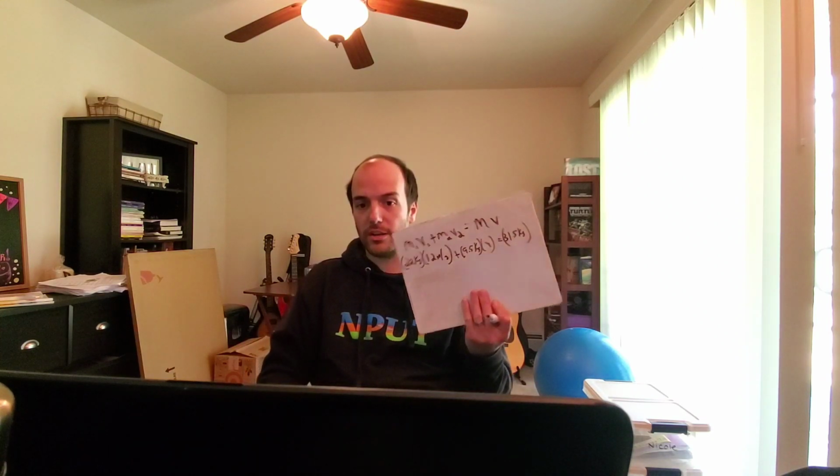So 22 plus 9.5 is 31.5 kilograms times the velocity of that particular object, which we said was 2.25 meters per second. All right, so let's do our calculations.